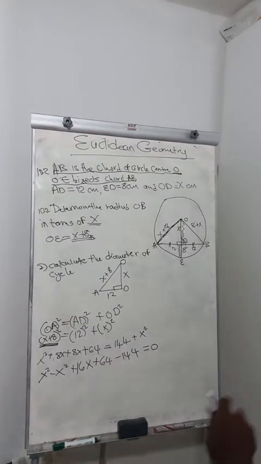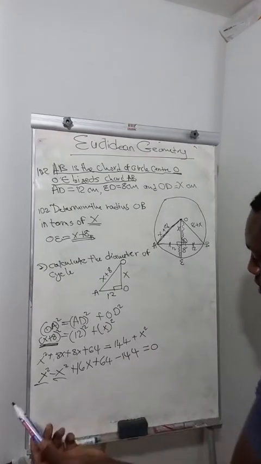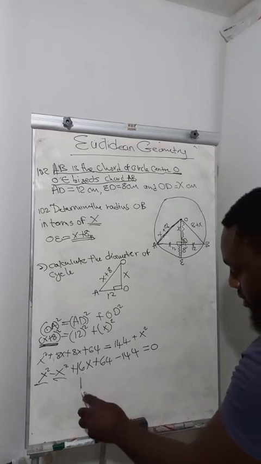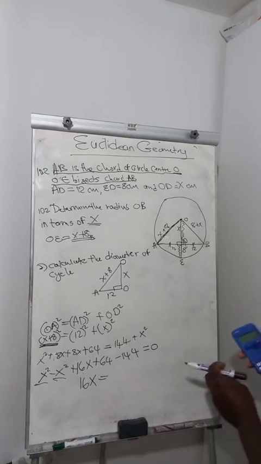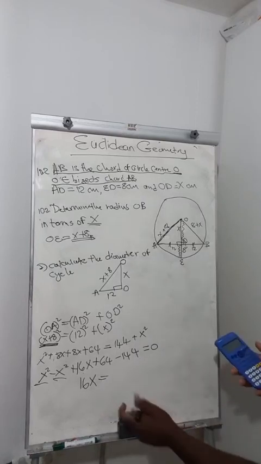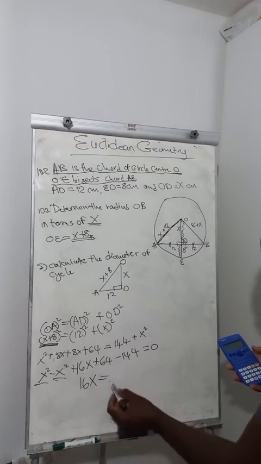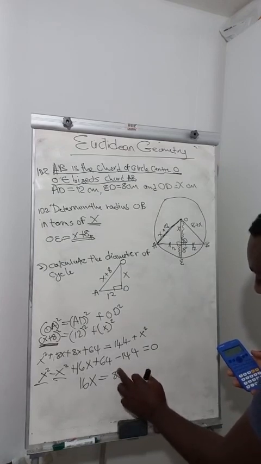So if we check here, you'd see that this one and this one will go out, and then 16x is equal to 64 minus 144, you get 80. So it will be negative 80, but when it goes to the right hand side, it will be positive 80.